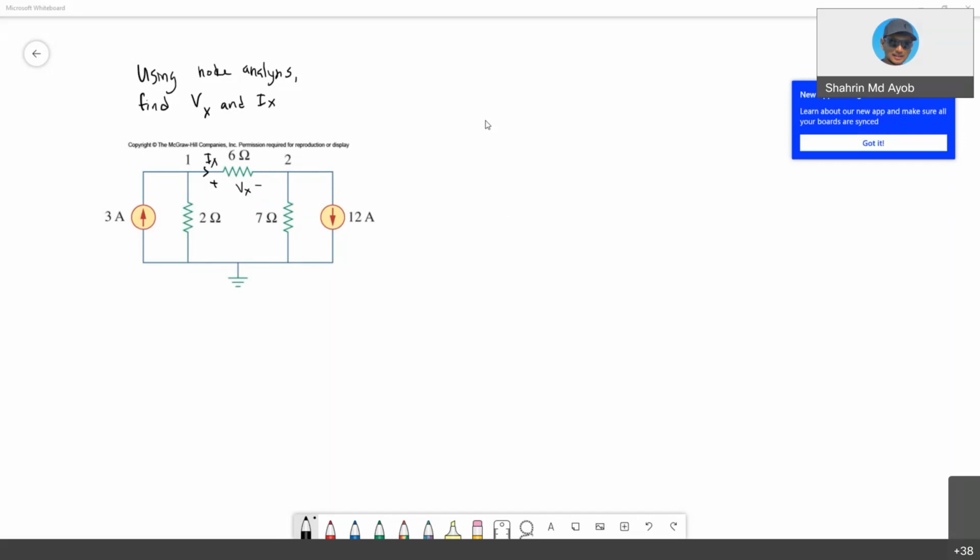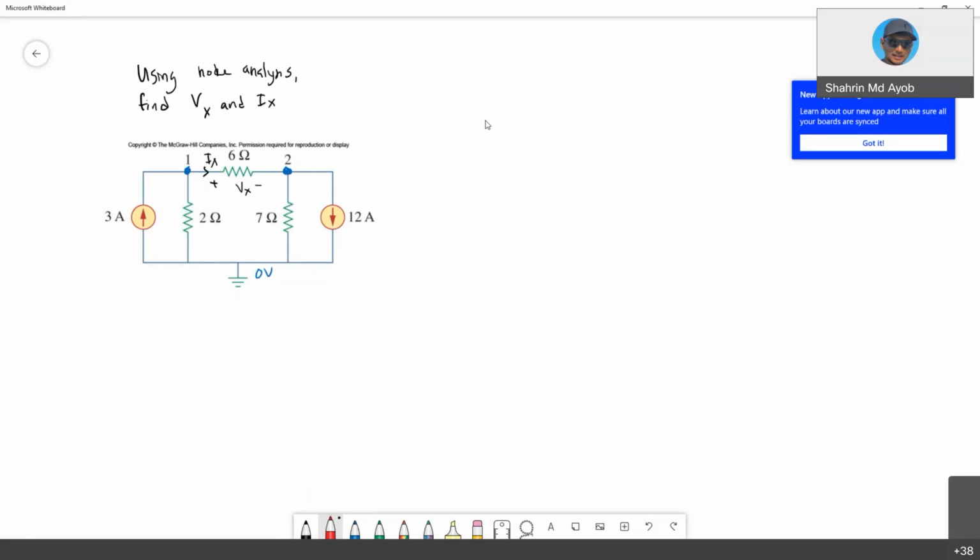So how? So first step is actually to define which node is the reference node. So usually we take the lowest, the bottom, as our reference, and this one is your V1 and this one is your V2. Okay, then next is actually to define the current direction.